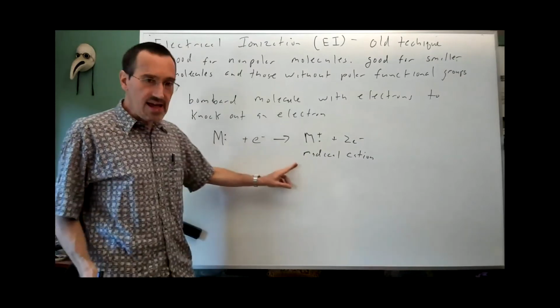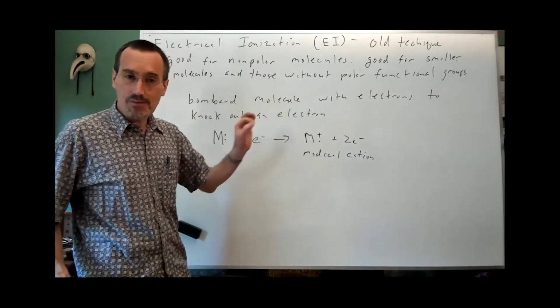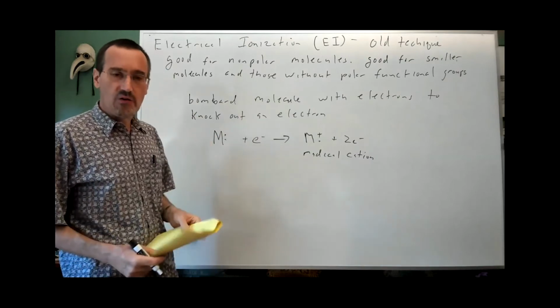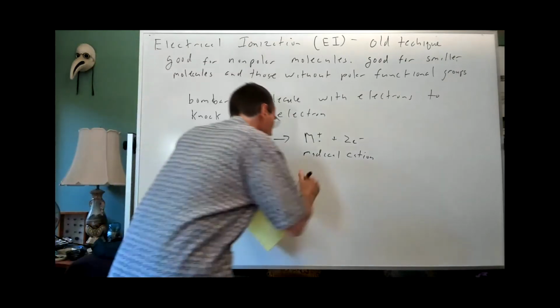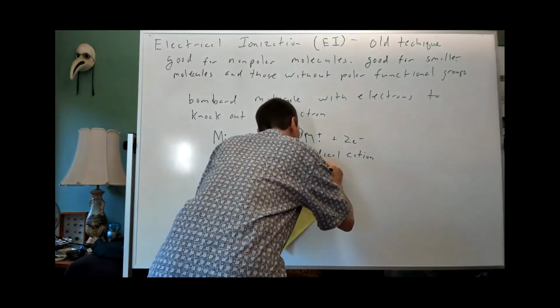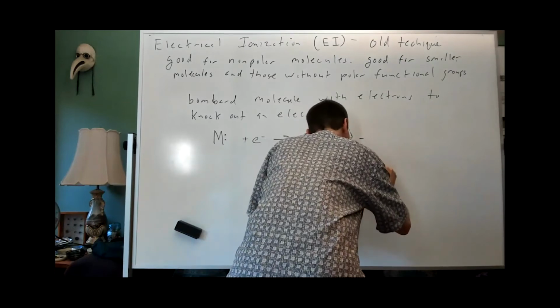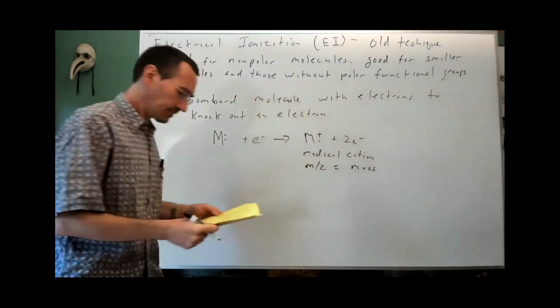And since the mass of an electron is minuscule, it's a fraction of one mass unit, the mass to charge ratio is the same as the mass of the molecule.